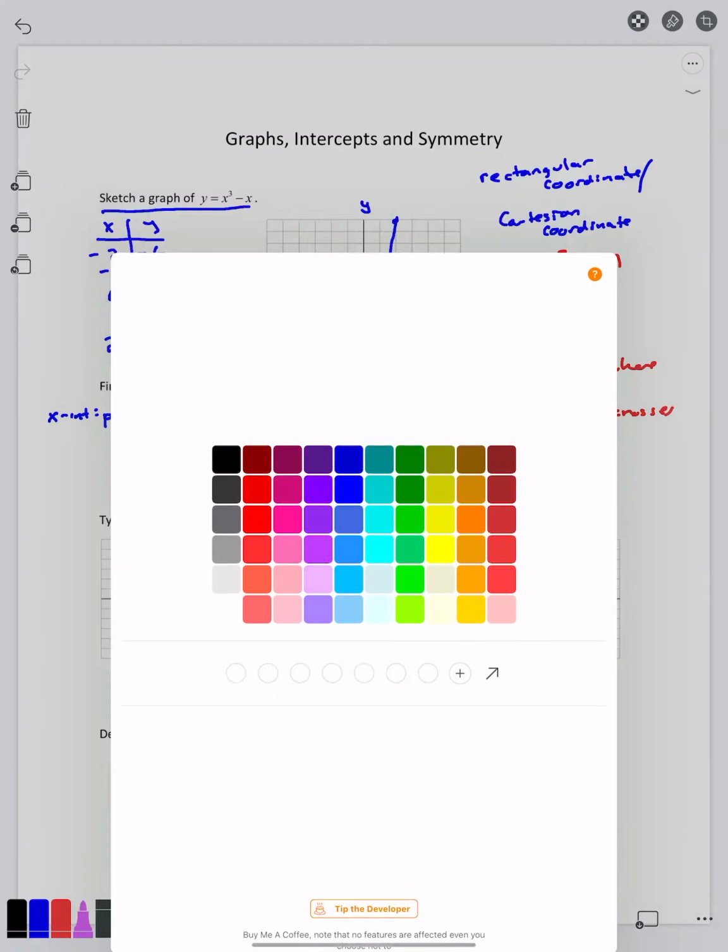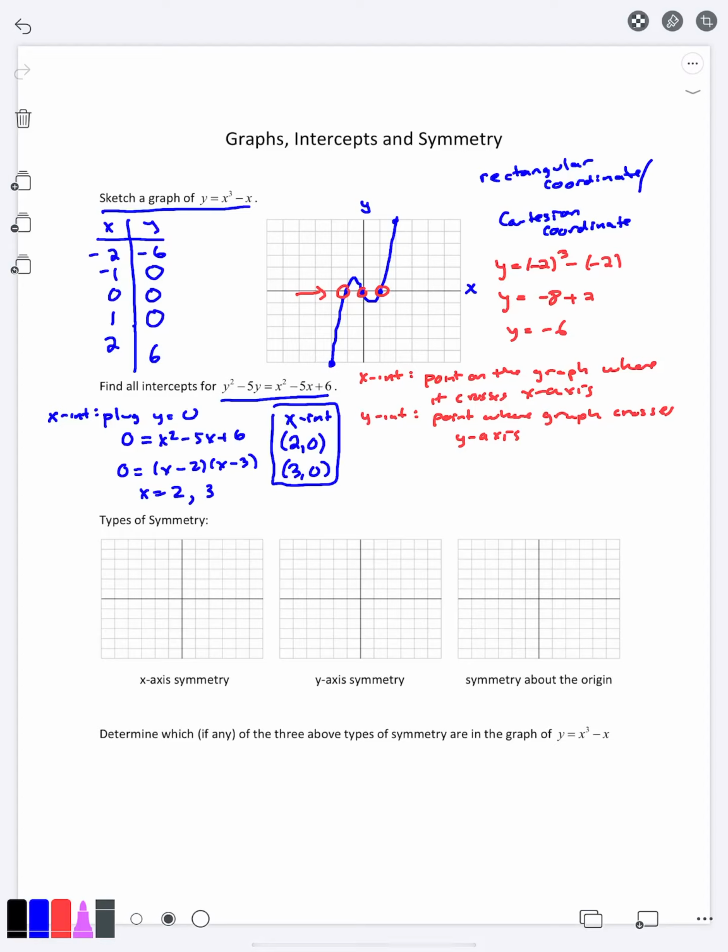Then, if I want to find my y-intercepts, I'm going to plug in x equal to 0. So then I would have y squared minus 5y is 0 minus 0 plus 6. That'll give me y squared minus 5y minus 6. Then this is going to factor differently than before. It's not 2 and 3.